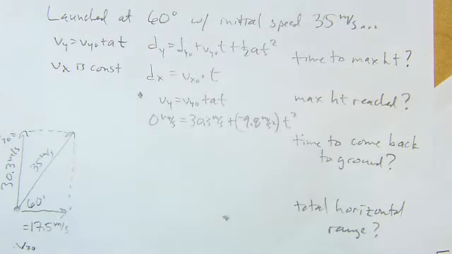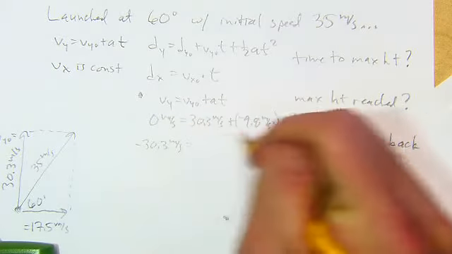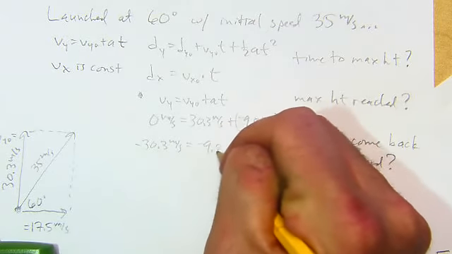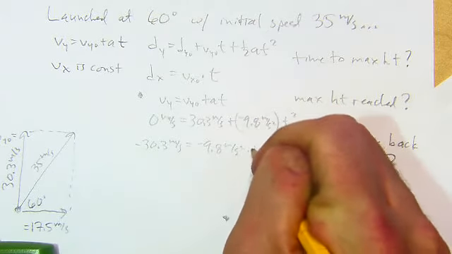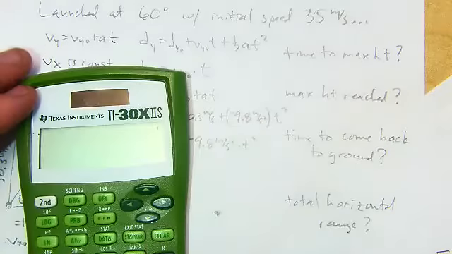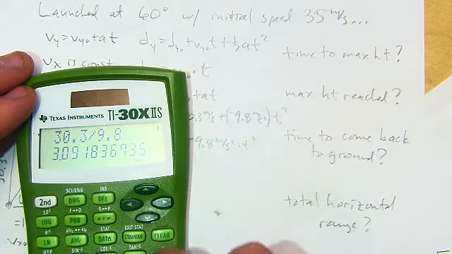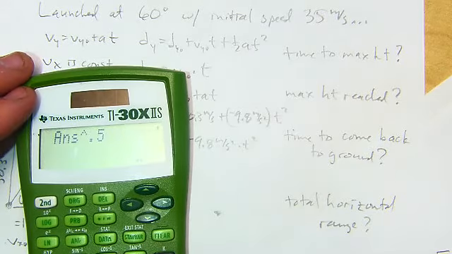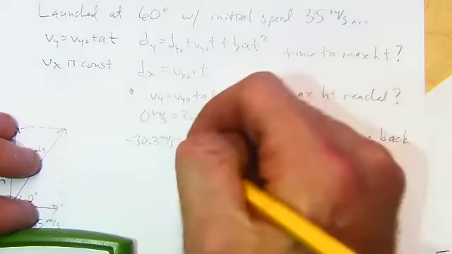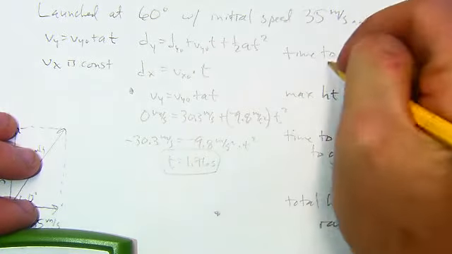So got to solve that out for t. So 30.3 divided by 9.8, and then square root that. I'm getting 1.76 seconds to get to the height, to get to the max point.